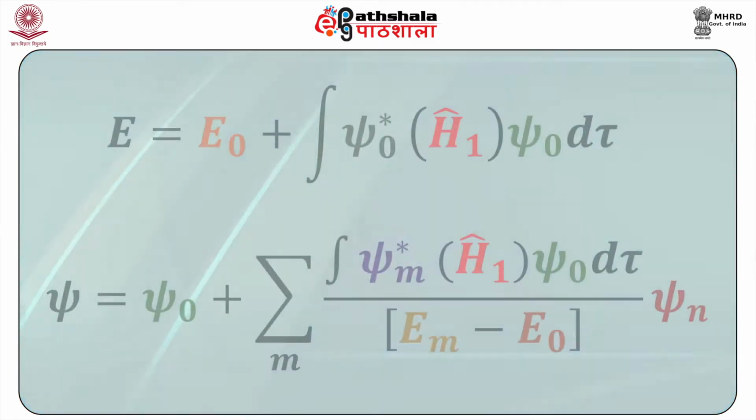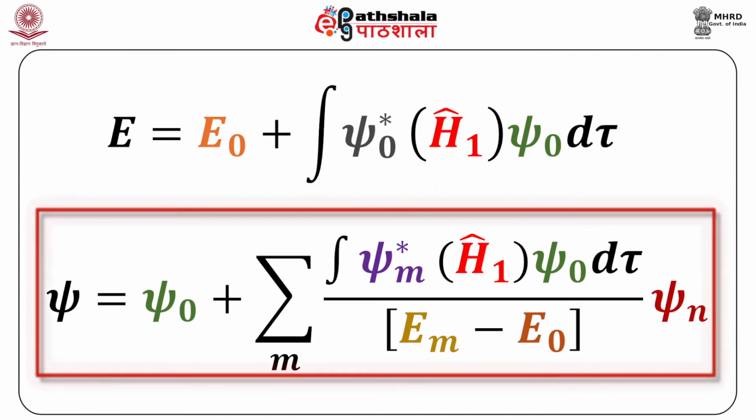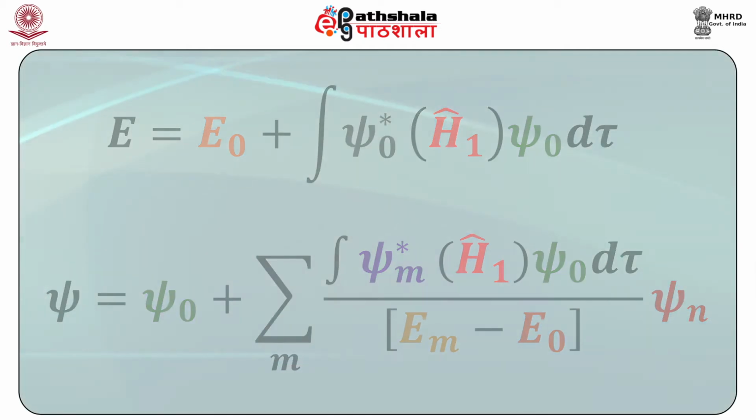The corresponding energy is E equals E0 plus integral psi 0 star H1 cap psi 0 d tau, and the corresponding perturbed wave function is psi 0 plus summation over m of integral psi m star H1 cap psi 0 d tau divided by the absolute value of Em minus E0, times psi m, with n not being equal to 0.